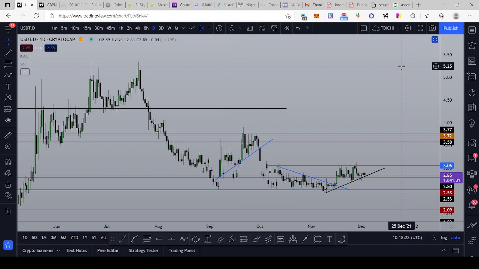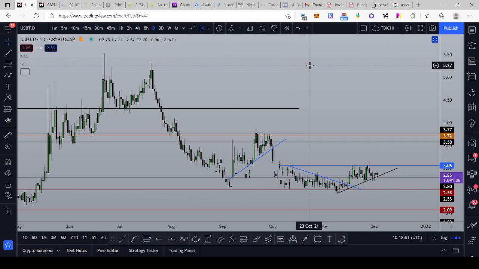So many times it fails, and instead of breaking out, it breaks down. So I said, watch this carefully. This is an ascending triangle, and USDT dominance might just blow up, or if it fails and breaks down, we have a little bit of a party.